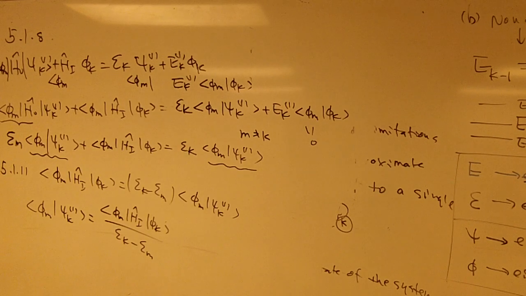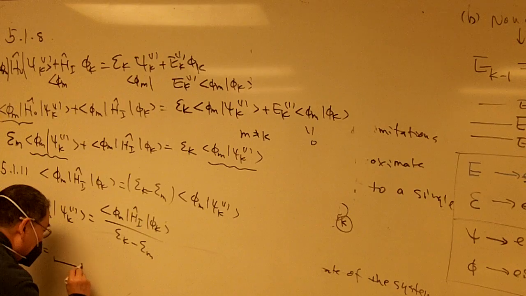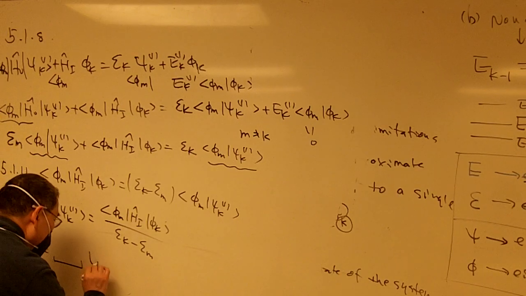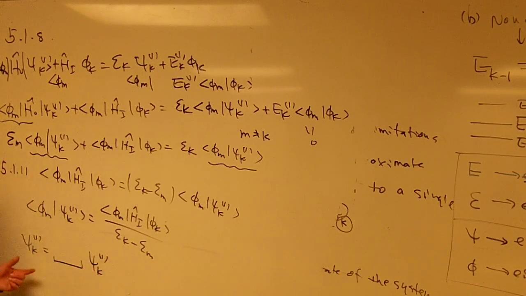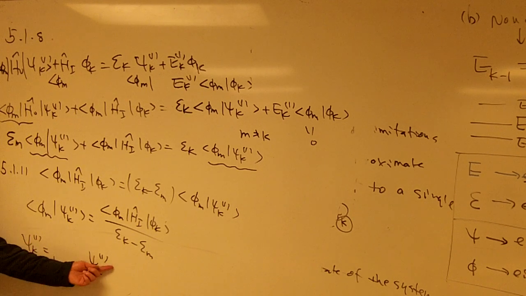Okay, hold on one second. So this part I want to explain really well, and I hope my camera can see this. Yes, it can see that. So what we did is the following. Folks, could you leave some space here? The first order wave function correction psi to first order sub k must be equal to itself, sub k. Why?